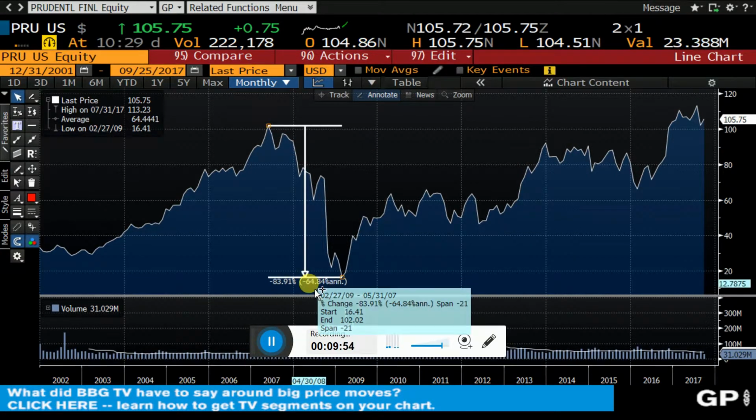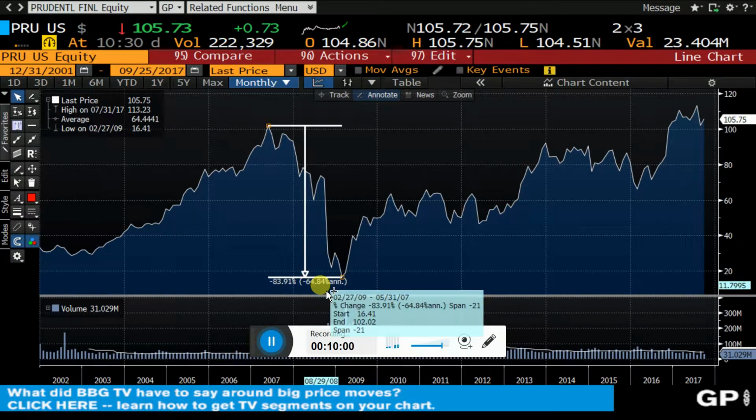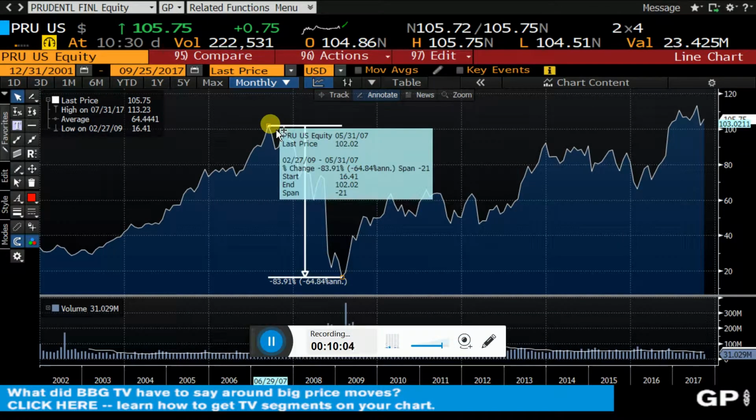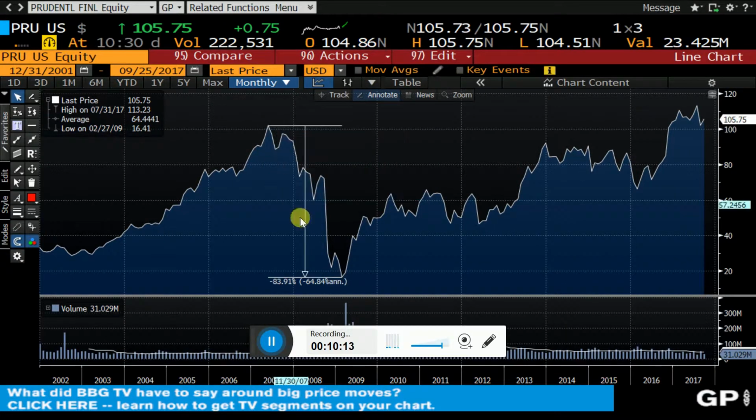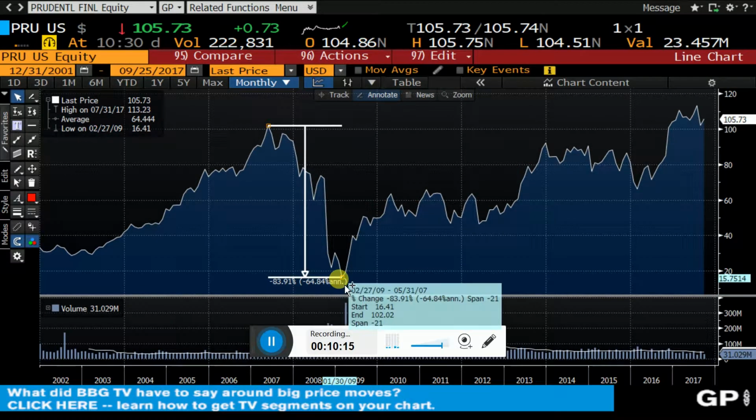So this will show you the percentage which is decreased, which is 83.91%. The starting value at this point in time was $16.41, and then back in 2008 the end price was 102.2 cents.